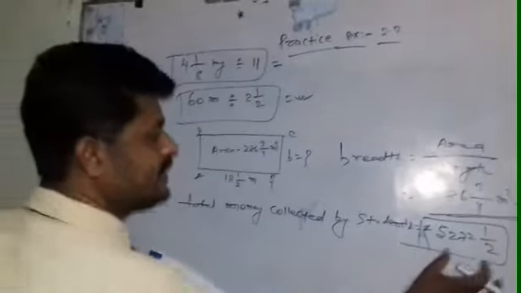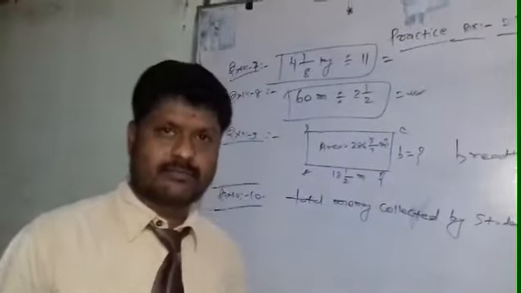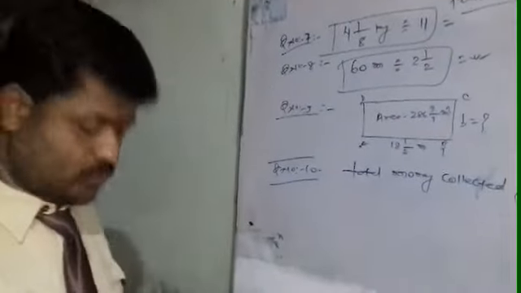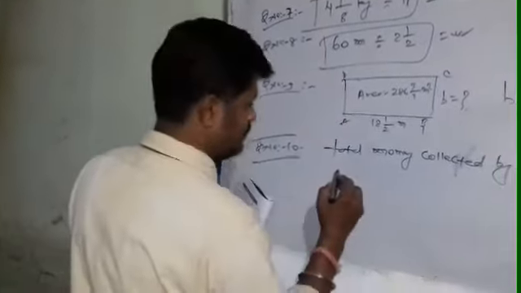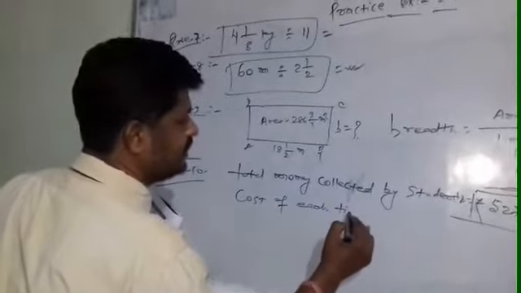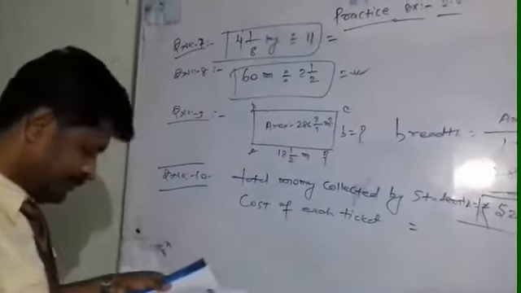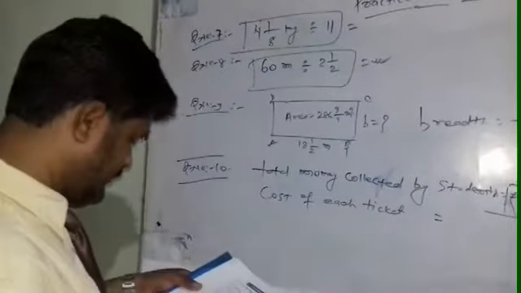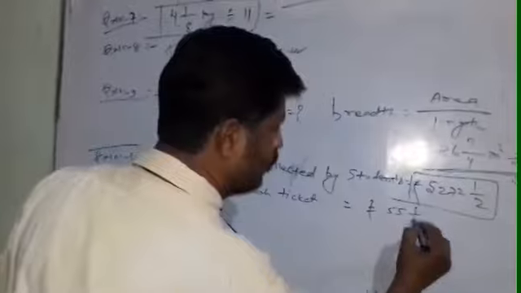That means this amount is collected by the students for a charity show, and the cost of each ticket is 55 whole 1 by 2 rupees.